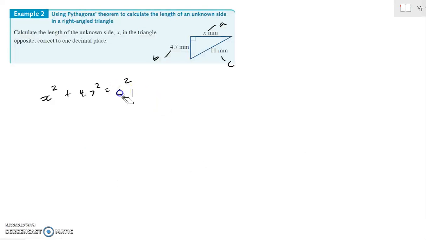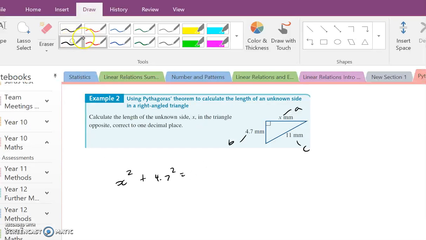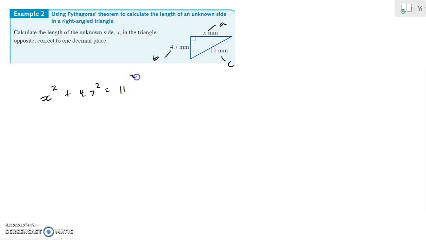C is 11. Now, you could manipulate this and work it out, but I think using a calculator and using solve would be easier. I'll do it by hand first.